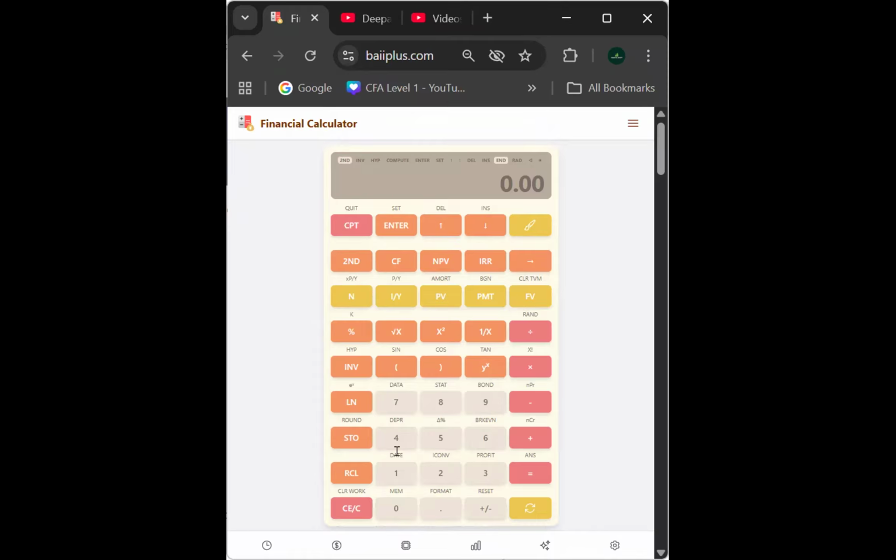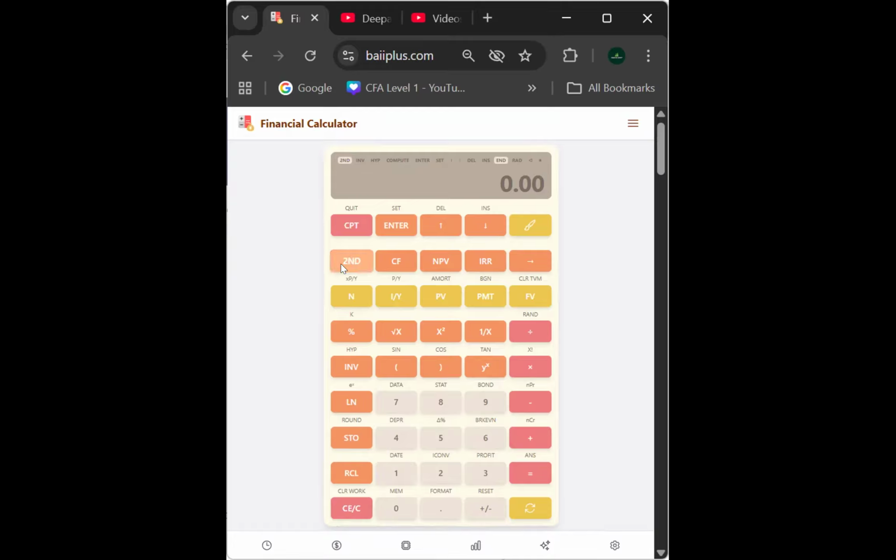Just like our laptops have function keys, to use our function keys we have a special key to press. We press that function key, and then we can access any key, F1, F2, F3, and so on. This is our function key second, and we can access the above functions.